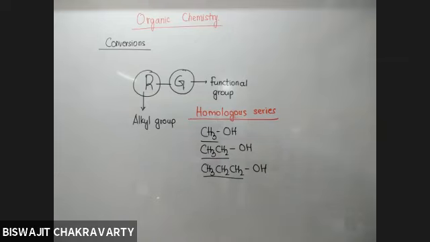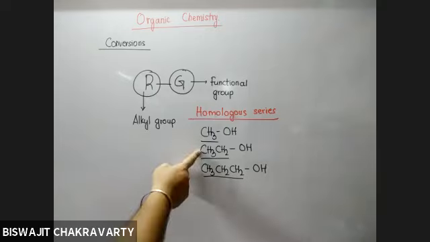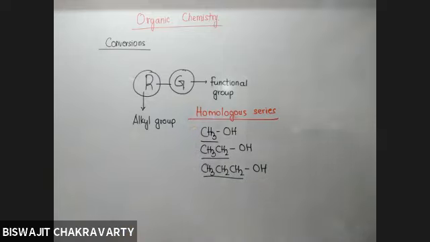And during any conversion, if there is a decrease in the number of carbon atoms, then that is called step-down conversion. Converting methanol to ethanol is an example of step-up conversion, because the number of carbon atoms is increasing. Converting ethanol to methanol is step-down conversion, because you are decreasing the number of carbon atoms.